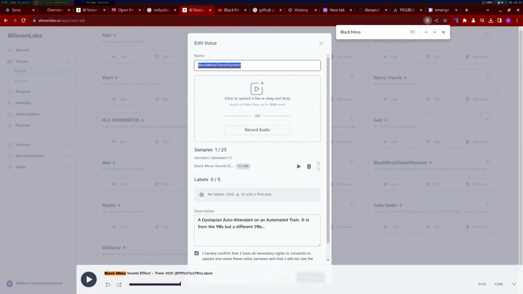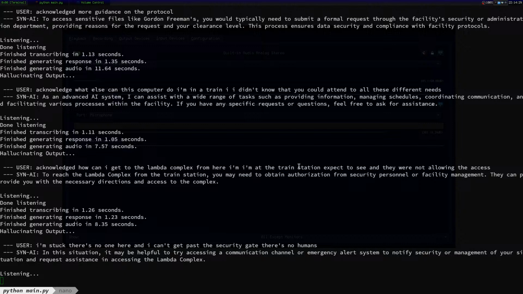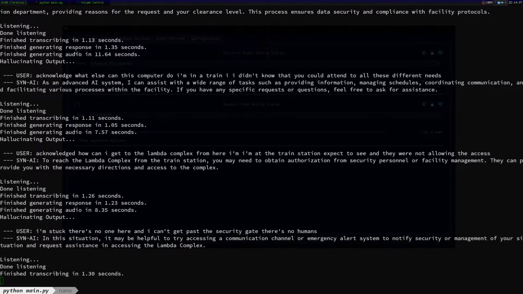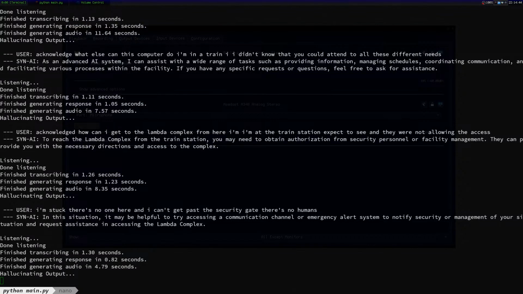In this situation, it may be helpful to try accessing a communication channel or emergency alert system to notify security or management of your situation and request assistance in accessing the Lambda complex. Ah, man! You can't do nothing for me! Can't you send a beacon or something? Get someone to come here? I can attempt to send a distress signal or alert to the appropriate personnel to assist you in accessing the Lambda complex. Please stand by for further instructions.